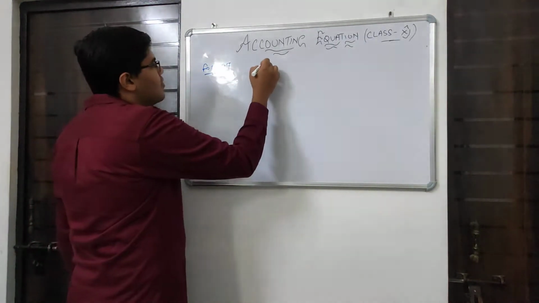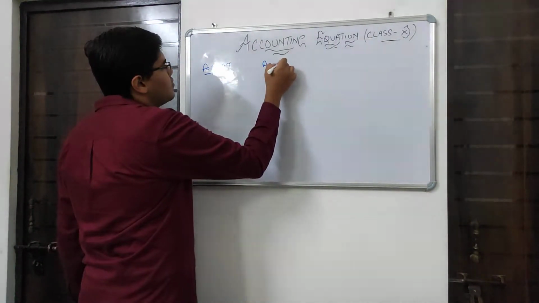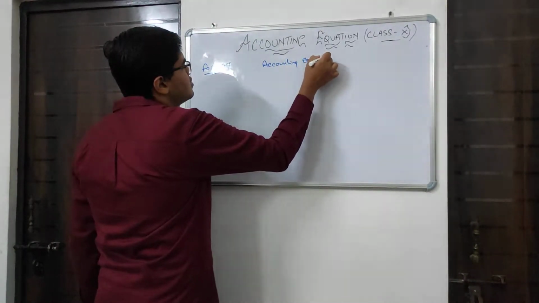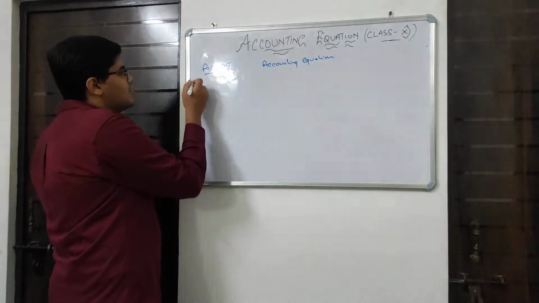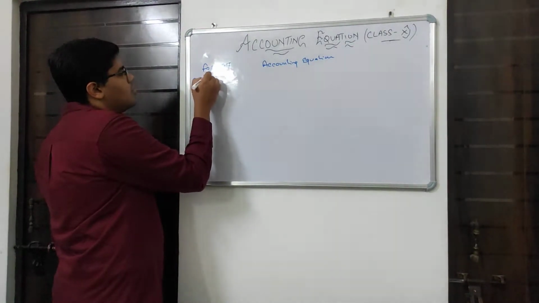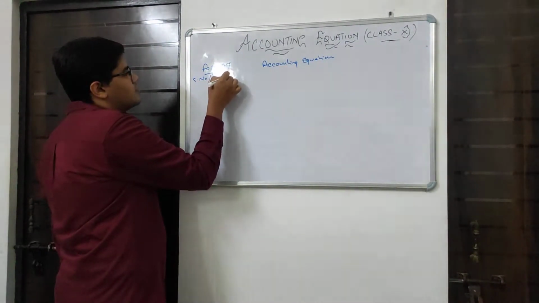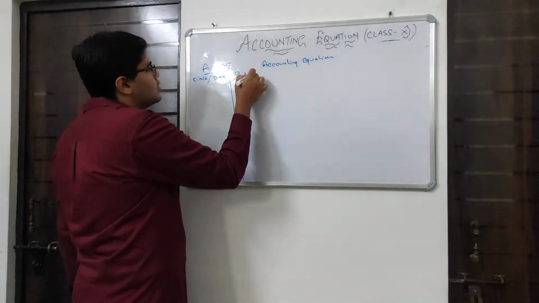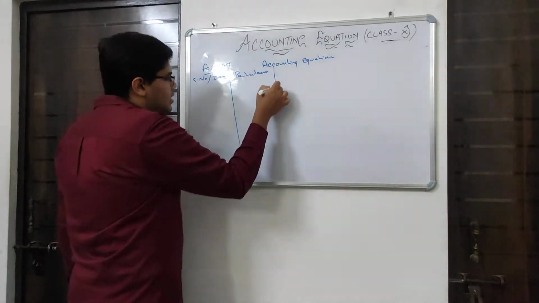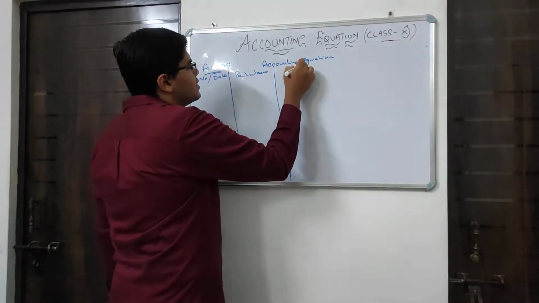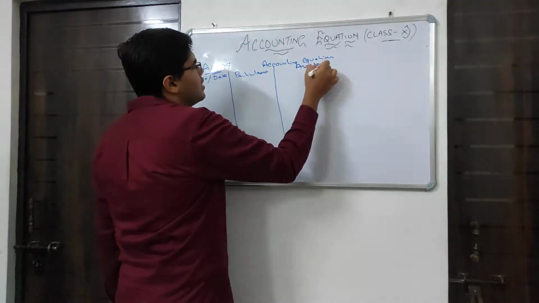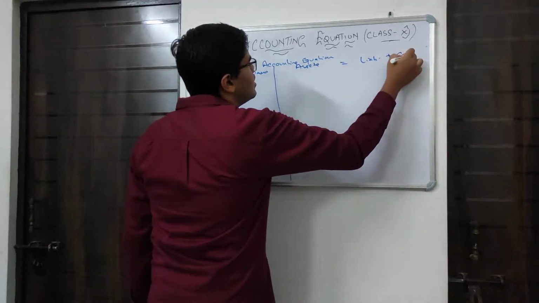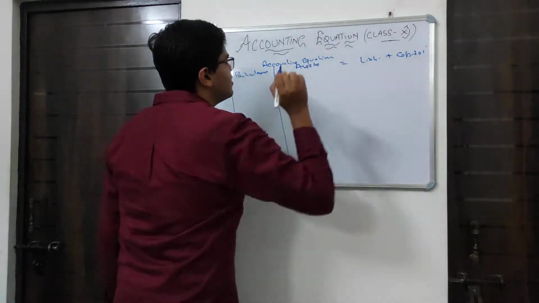Here you have to first write the accounting equation. Then you have to write a serial number, or it can be a date, anything given in the question. Then here you have to write particulars. Then here you have to write assets is equal to liability plus capital.